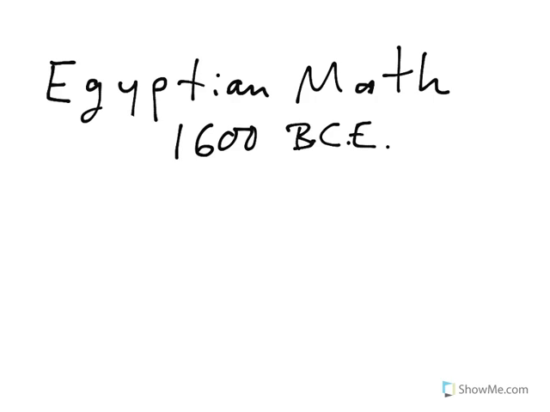So let's say that's a skill we have, and we're not going to use the Egyptian number system at all until we get to fractions. So first thing I want to show you is how to do a basic multiplication.